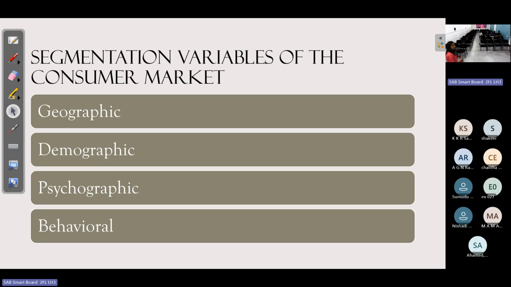So how often they purchase, and also what are the things they seek when they are purchasing the product. That means quality, price, ingredients, convenience, those kind of things.